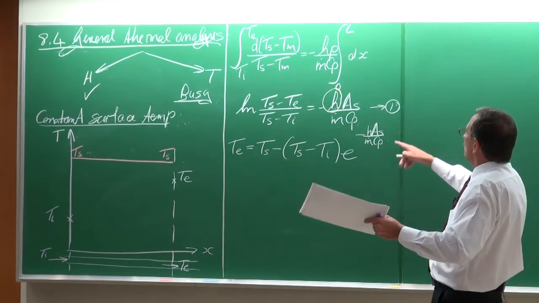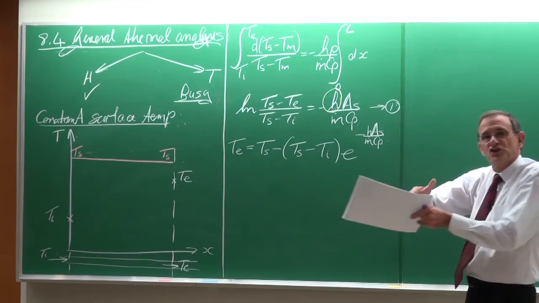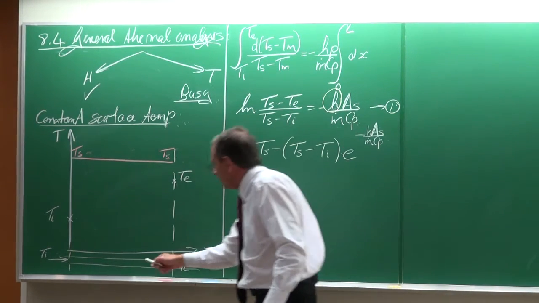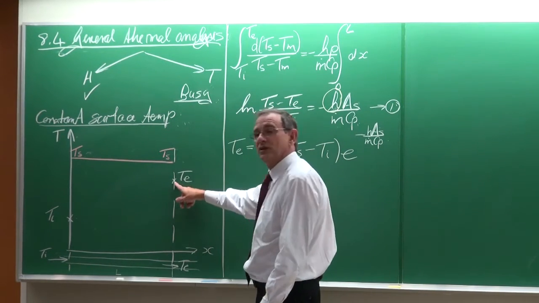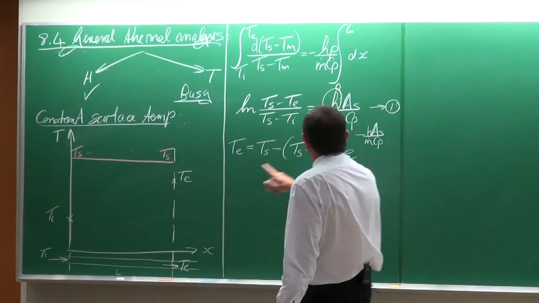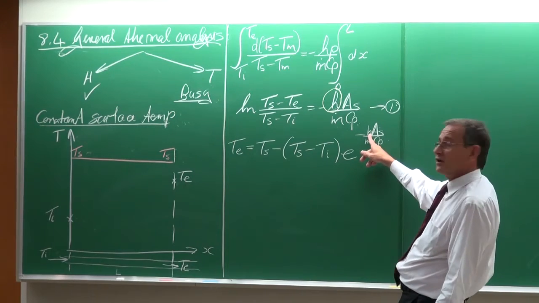So this is then for an area with a certain length. So if you now think of this length L, and you've got the diameter, then you can go and calculate that outlet temperature if you've got the average heat transfer coefficient.